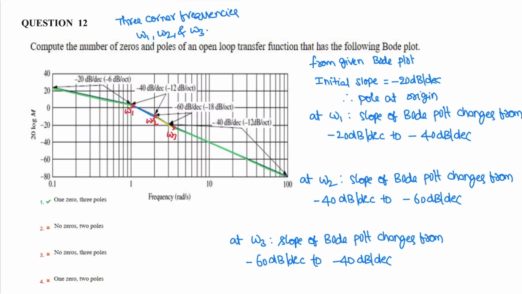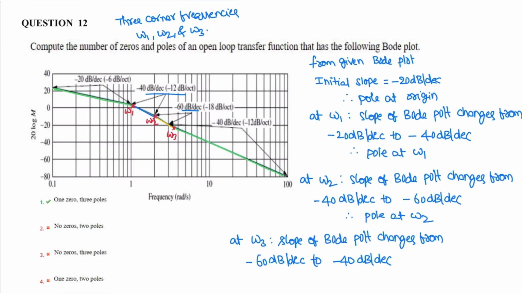Omega 1, omega 2, omega 3 are corner frequencies. At corner frequency omega 1, the slope of the Bode plot changes from minus 20 dB to minus 40 dB, therefore there exists a pole at corner frequency omega 1. Similarly, at omega 2, the slope changes from minus 40 dB to minus 60 dB, so there exists one more pole at omega 2.